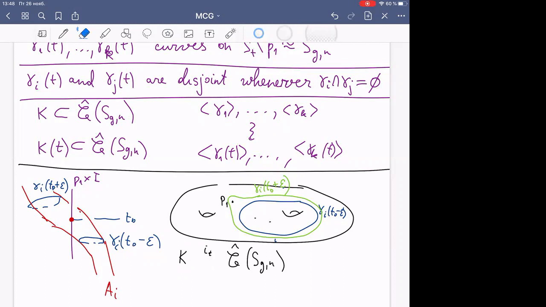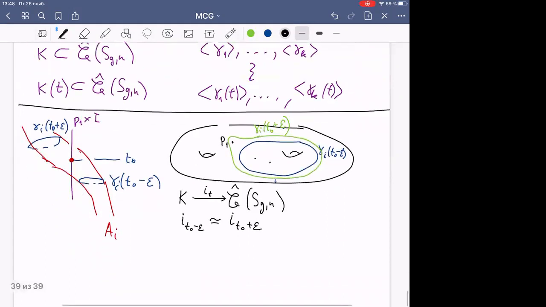Actually, it is a map, not necessarily an embedding, since it is possible that some gamma_i's finally become the same. So I would like to say that this embedding at the moment of time t0 minus epsilon is homotopic to this embedding at the moment of time t0 plus epsilon.